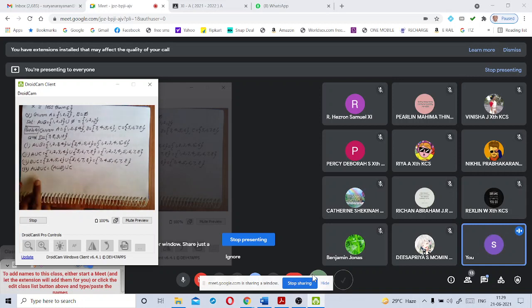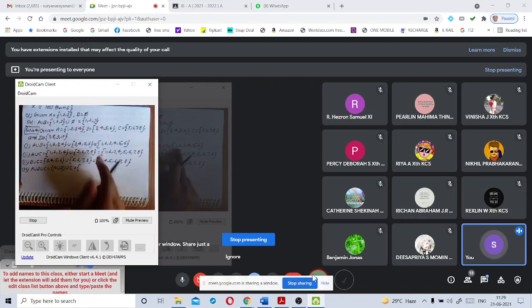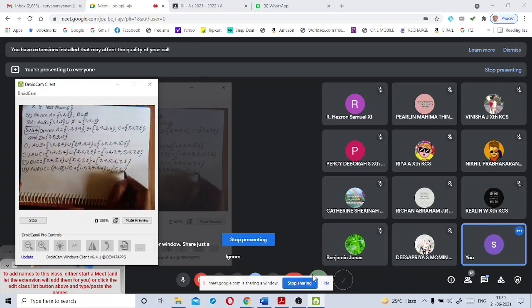Now can you tell me what is A union B here? We have already found it in the first question: {1, 2, 3, 4, 5, 6} union set C, which is {5, 6, 7, 8}.